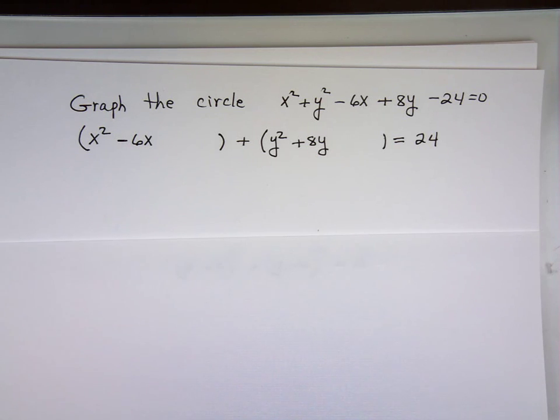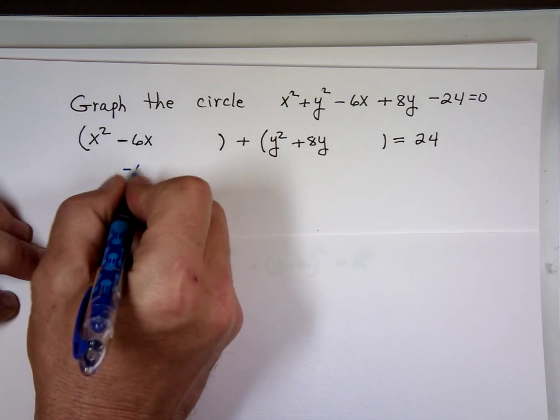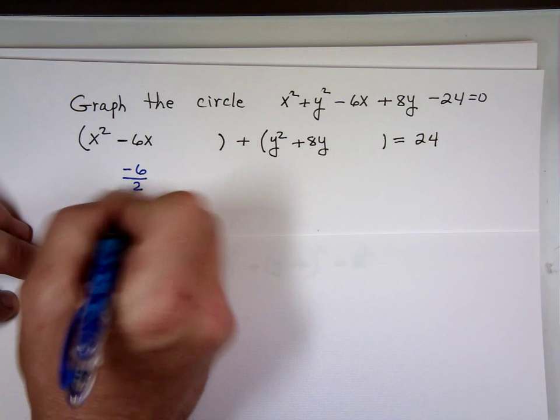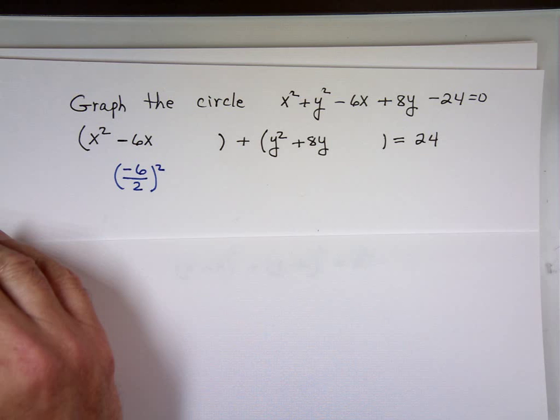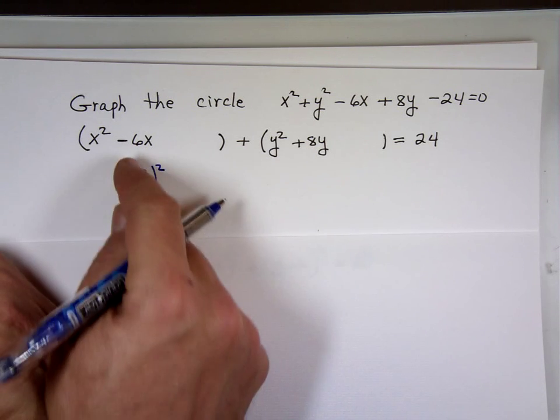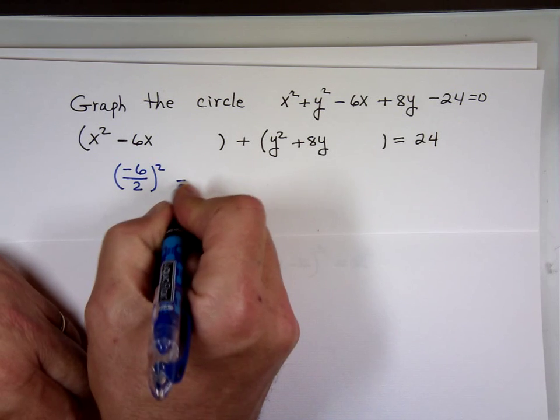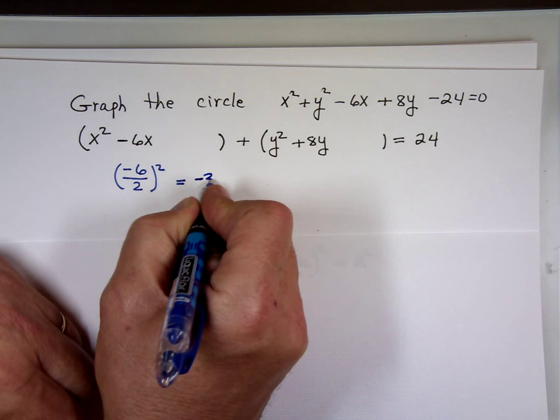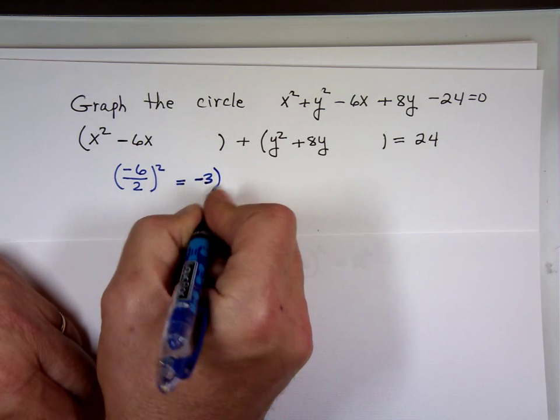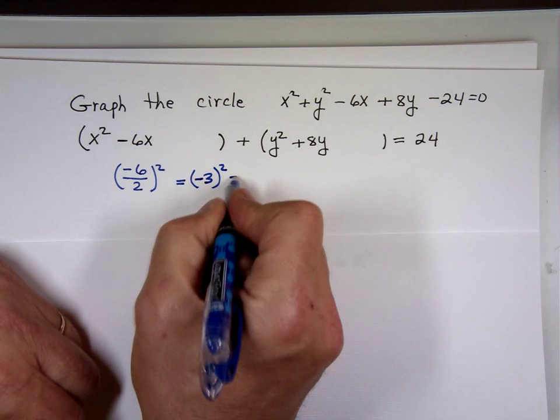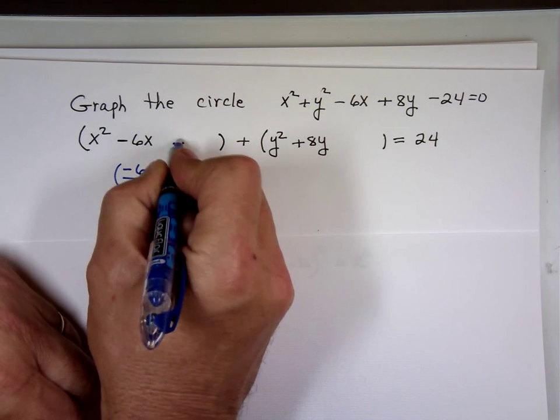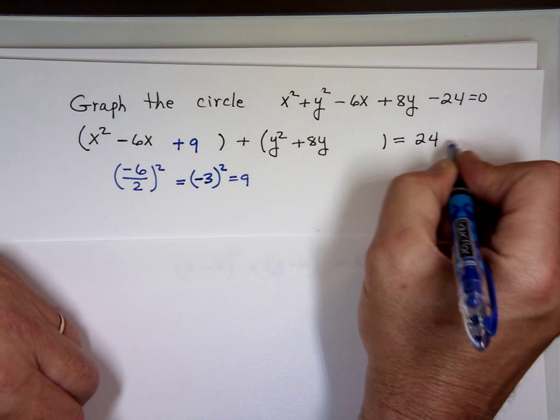Take the negative 6 divided by 2 and square it. What's a negative 6 divided by 2? Negative 3. Square it, which is what? 9. Let me add 9 to this side, and let me go to this side and add 9.